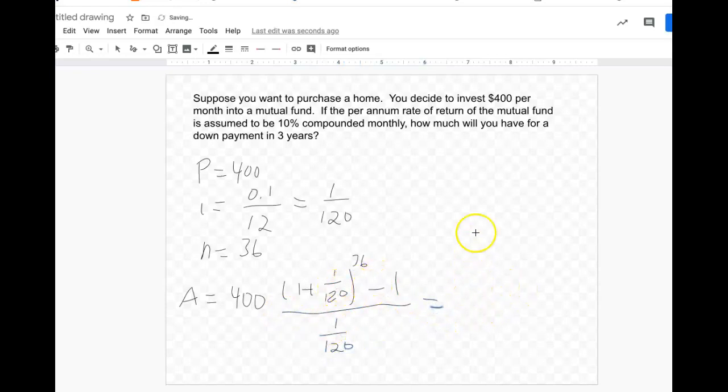When we clean this up, I'm seeing 400 divided by 1 over 120 as 400 times 120, so that comes to 48,000, and then this will be multiplied to the quantity (1 plus 1 over 120) to the 36 minus 1.